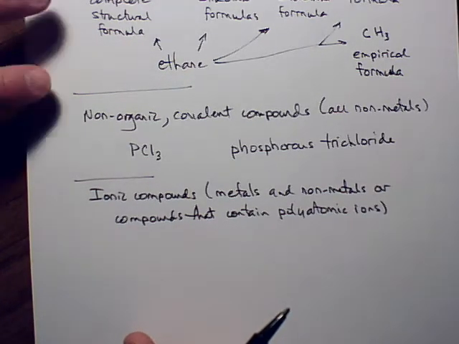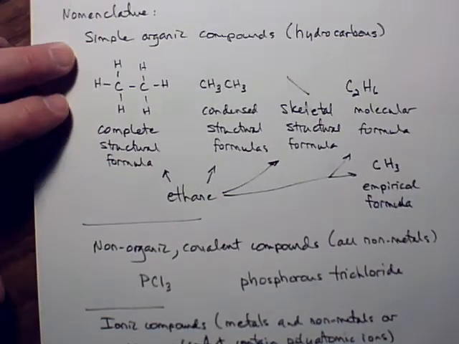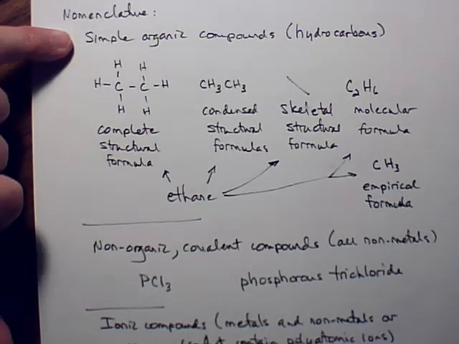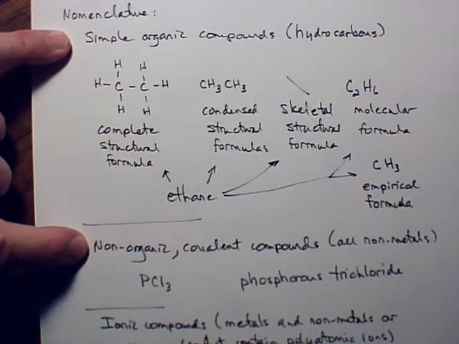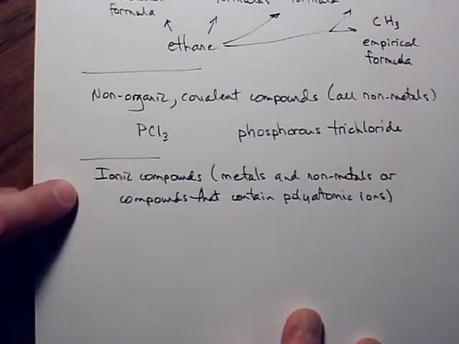So we've got two classes of covalent: organic and non-organic covalent. And then we've got the ionic compounds. In the ionic compounds, you don't use prefixes in the name, but you do use Roman numerals for metals that have more than one oxidation number.